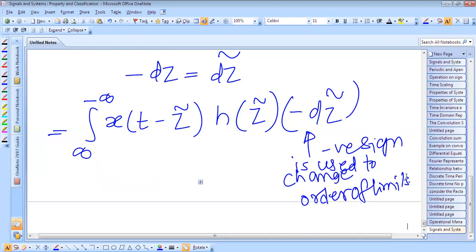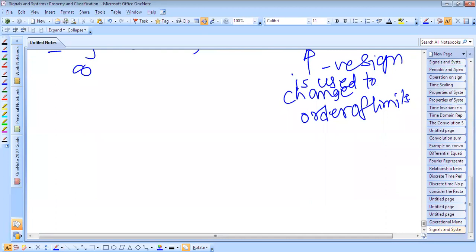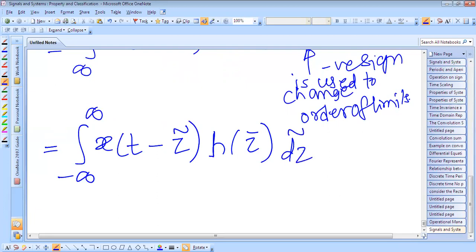Therefore, we can write the integral from minus infinity to infinity x of t minus tau tilde h of tau tilde d tau tilde.